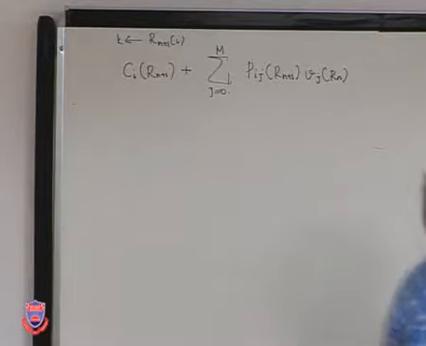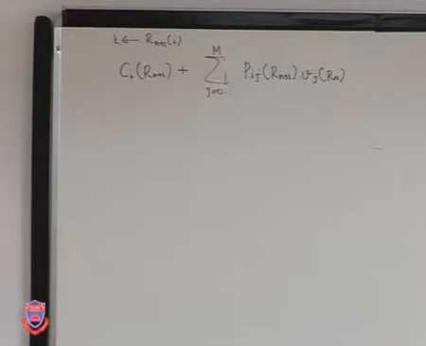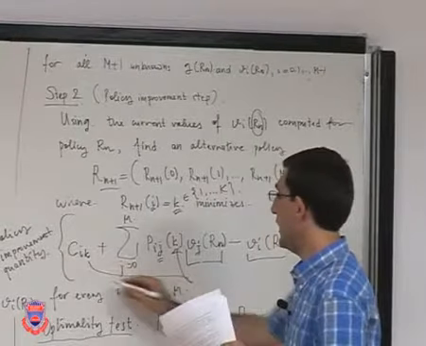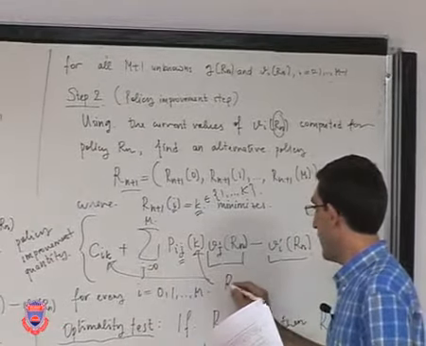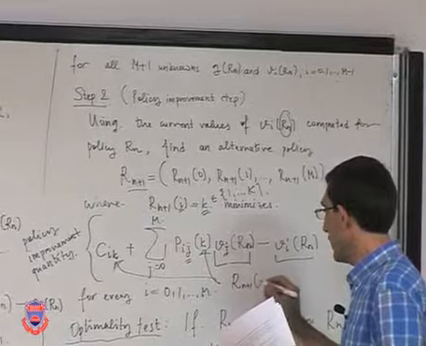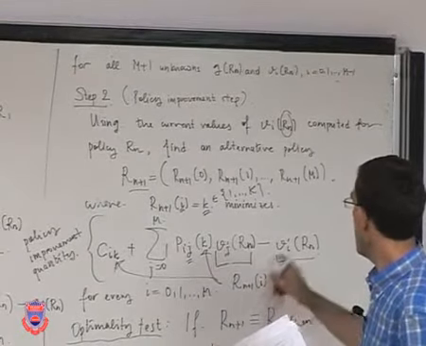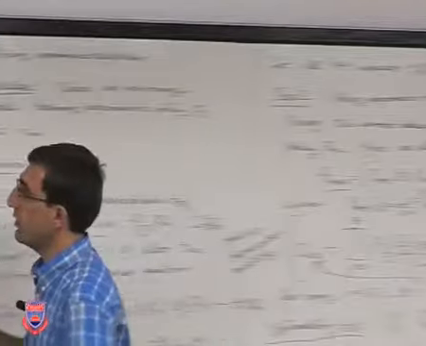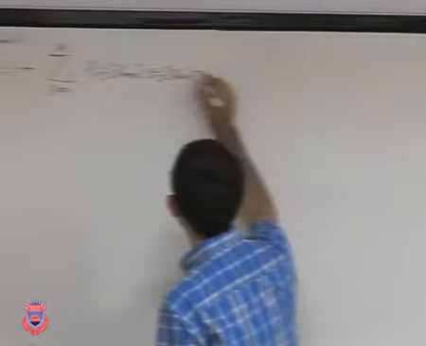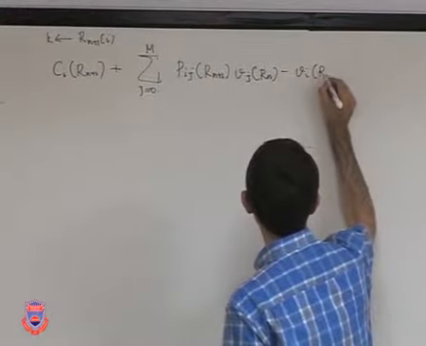Right? It is Rn. So all I do is replace these two k's with Rn plus 1 of I. Okay? And then there is also this quantity subtracted, right? Vi of Rn.